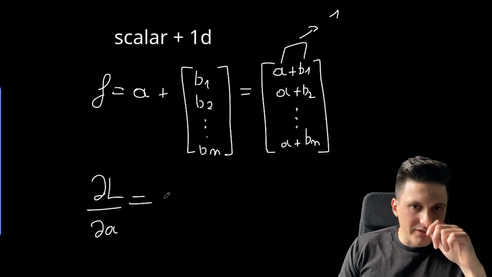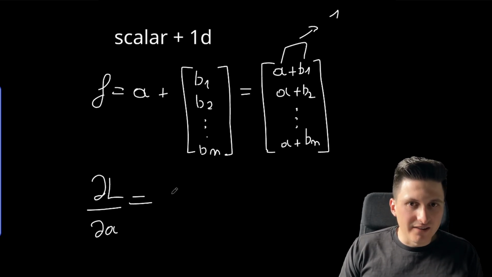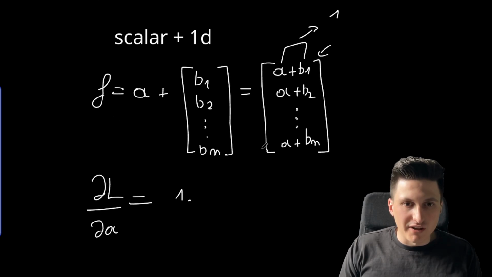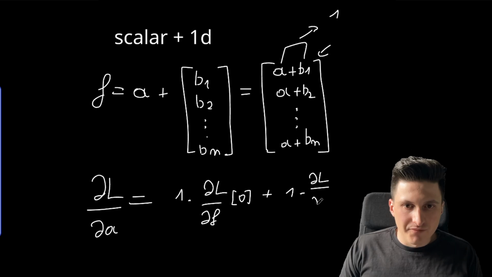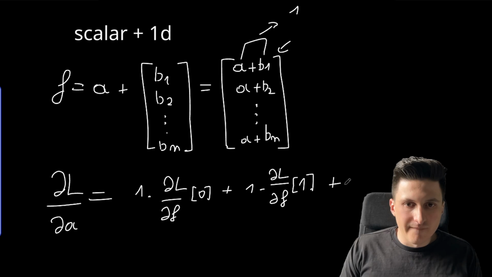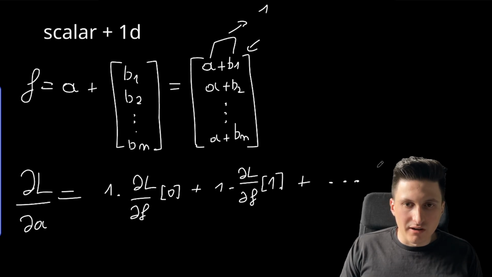And what this means is that this is equal to 1 times the gradient of the loss with respect to f on the first index, plus 1 times the derivative of L with respect to the output on the second position, up until the last.